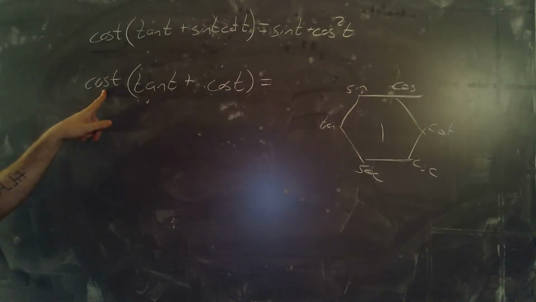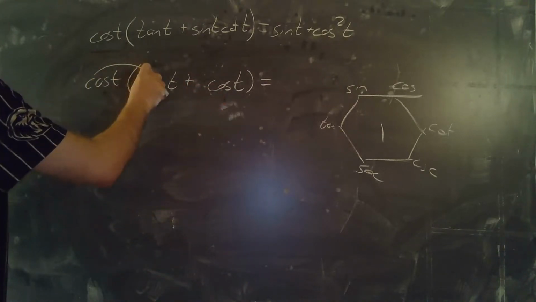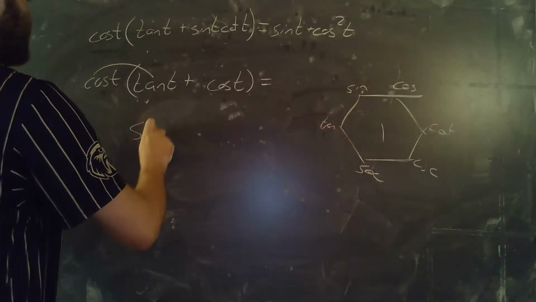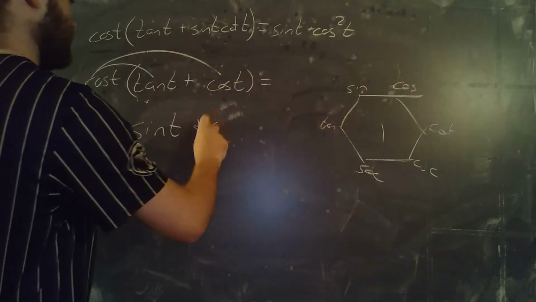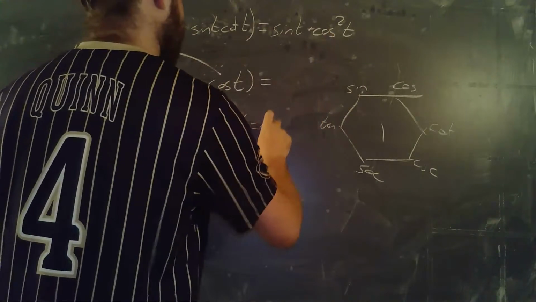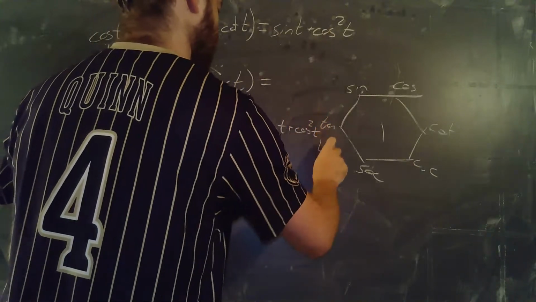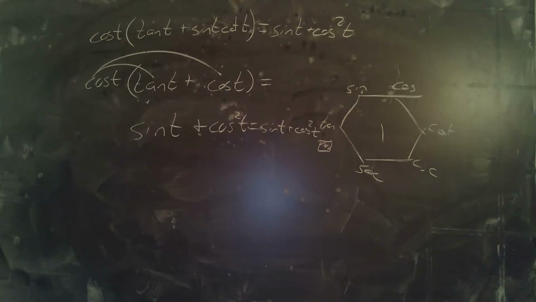So you notice we have cosine t distributed through this parenthesis. If I multiply cosine times tangent, notice that tangent and cosine just make sine. So that'll become sine of t. And then if I multiply cosine times cosine, that'll make cosine squared of t. And notice that that is precisely what I'm trying to make over here. And so that's the whole proof.